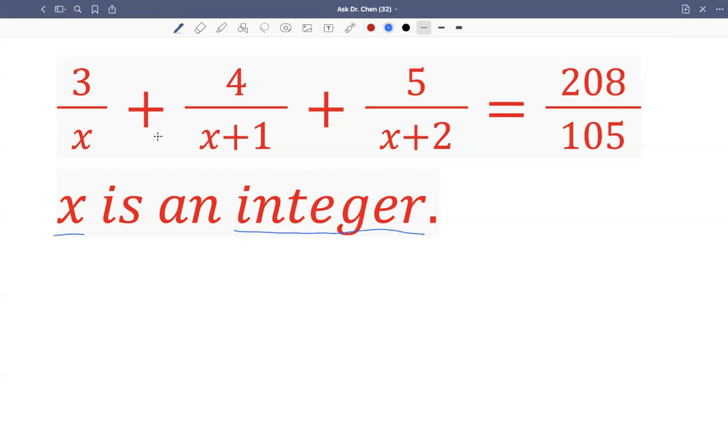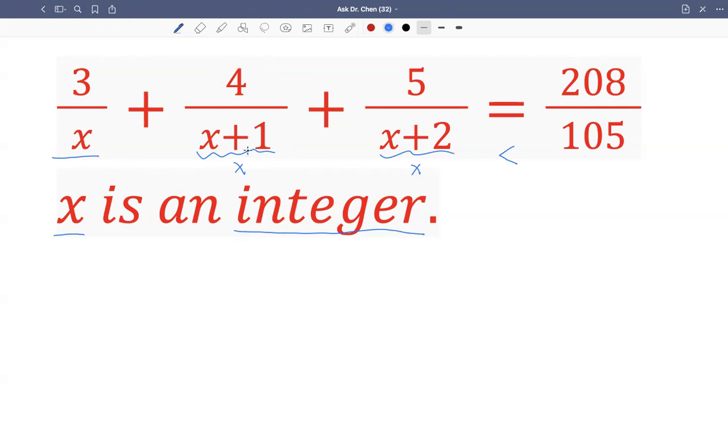So first we approximate x plus 1 as x, and x plus 2 as x, then we change the equation to be less than, right? Because when the denominator is bigger, the number is smaller.